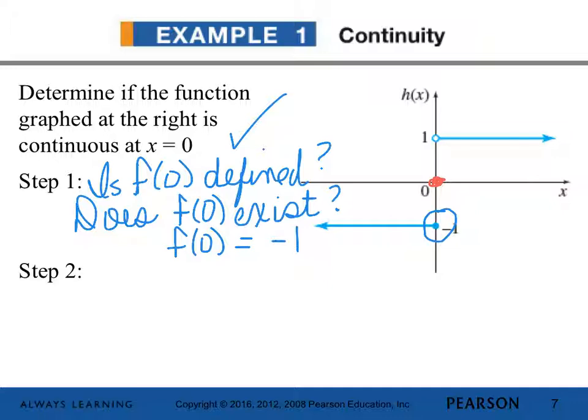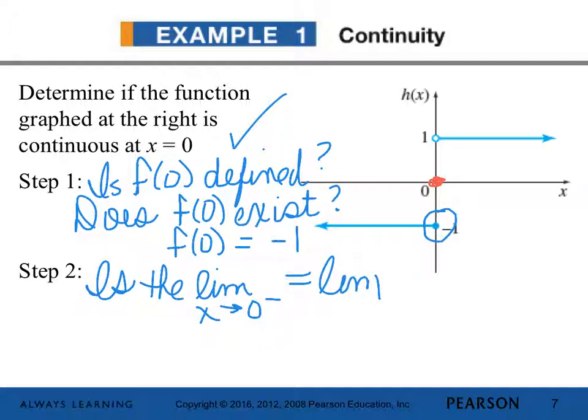But then in step 2, we say, does the limit exist? Is the limit as x approaches 0 from the left equal to the limit as x approaches 0 from the right?